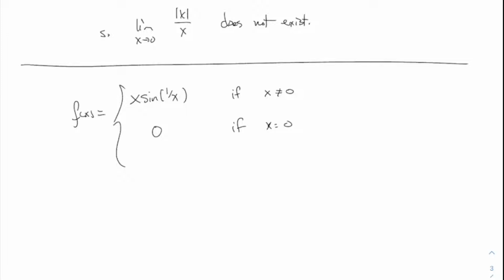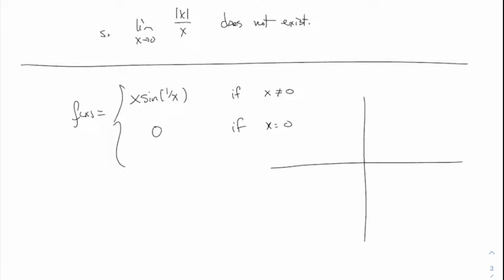This is a cute function that we have talked about at least once before. Just the sine of 1 over x is the one where it looks like a sine, but the oscillations increase like crazy near the origin. And then multiplying that by x also causes it to have sort of a triangular shape to it rather than a flat shape, which just the sine part would have. Anyway, it looks like this.